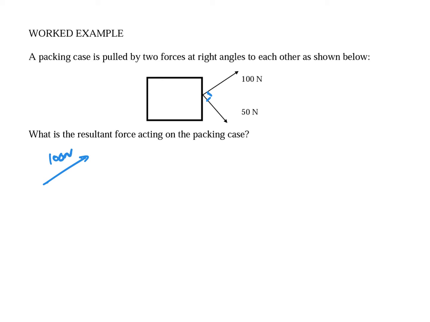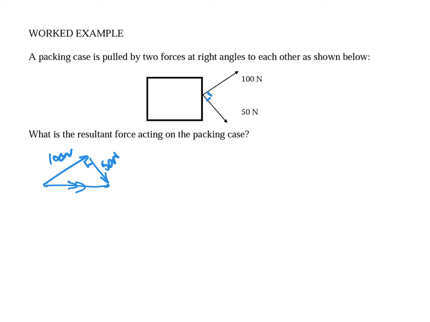Now I'll get the same answer if I picked the 50 first, but they're at right angles to each other. I'll not use colours because you generally find it a wee bit harder. There's no reason to expect that this is exactly left to right, in fact it probably wouldn't be, but that is a resultant vector there.